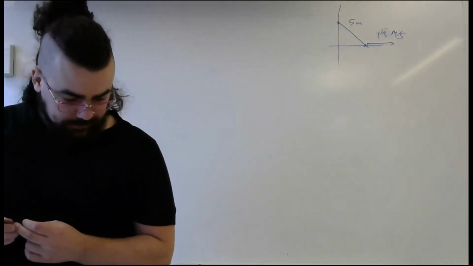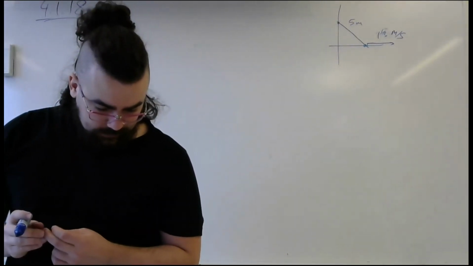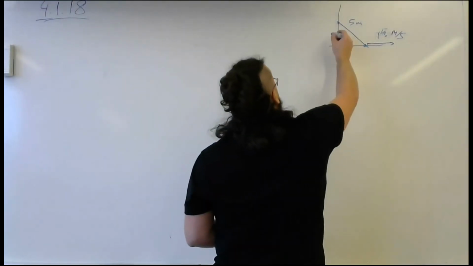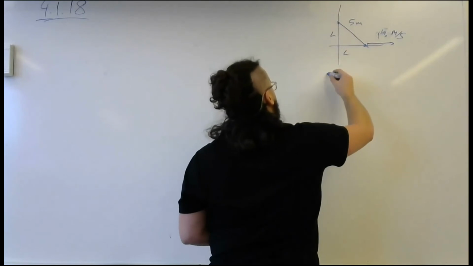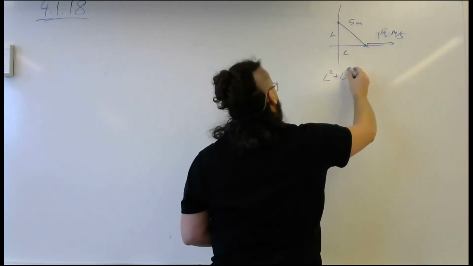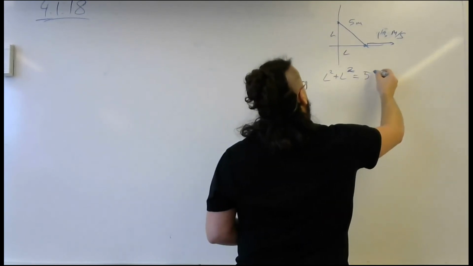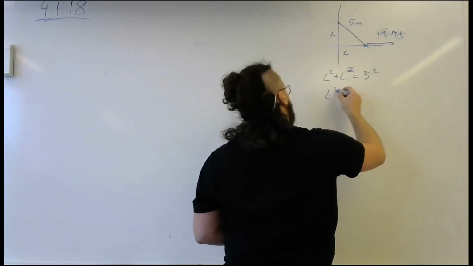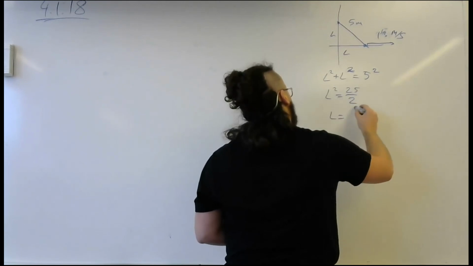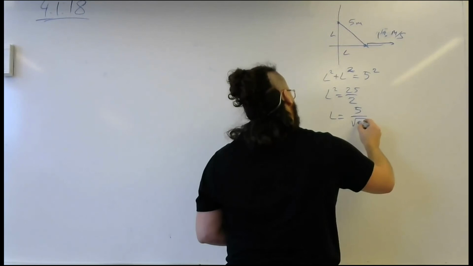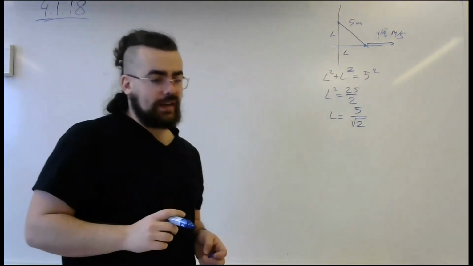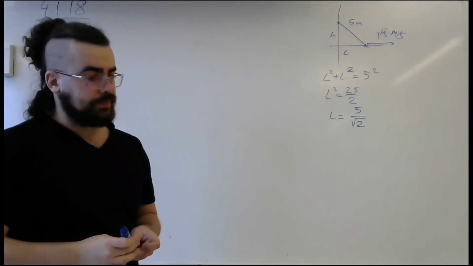Now let's see. First of all, we have L here, and we know by the Pythagorean theorem that this is true. And we have that, which, if I remember correctly, is 3 point something.